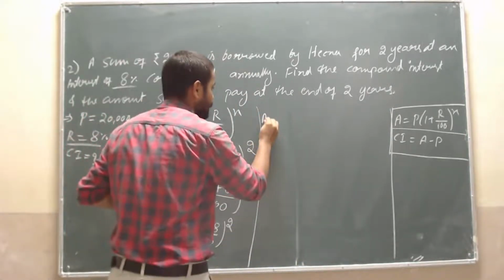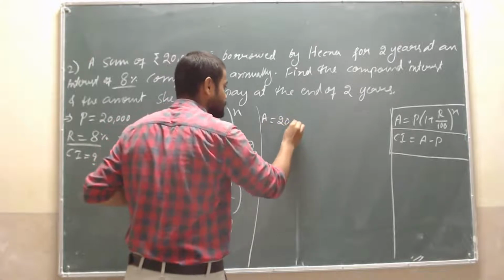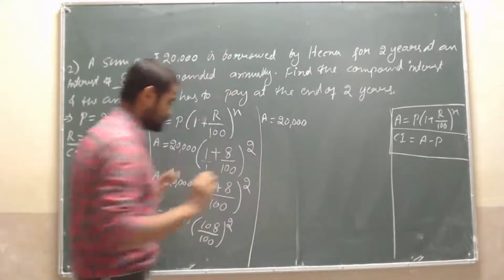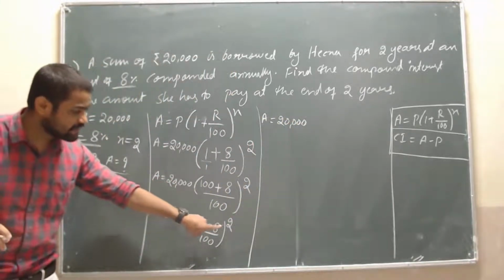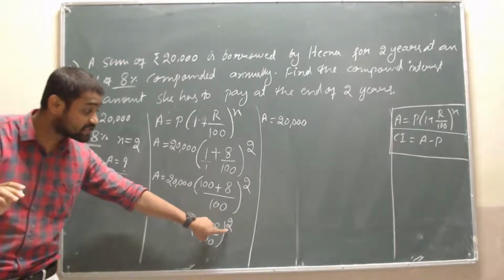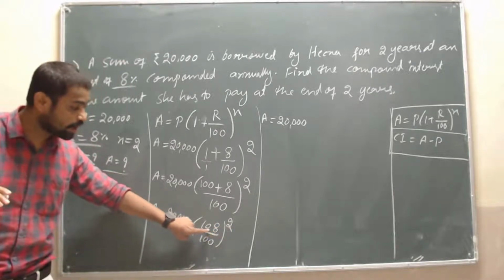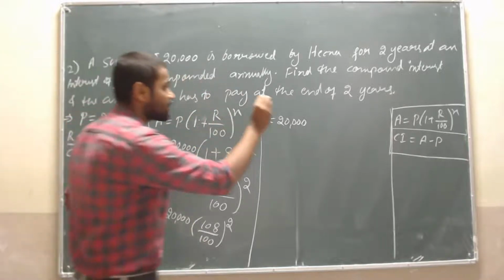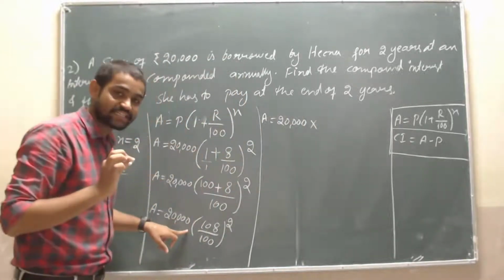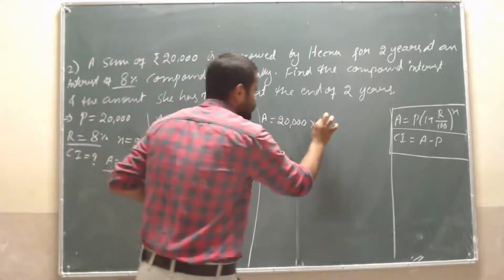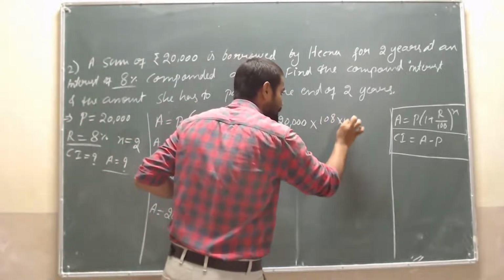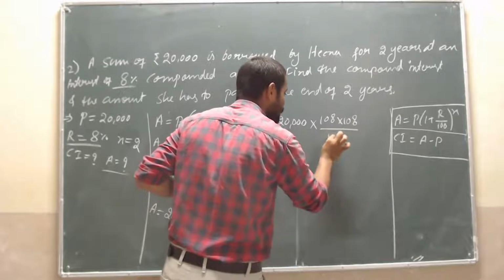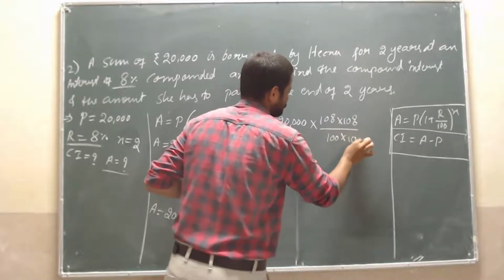That is, A is equal to 20,000. See, 108 square. See here, this square is applicable for both 108 and, as usual, 100, students. Sir, the bracket is there. That's why I have written 108 into 108 divided by 100 into 100.